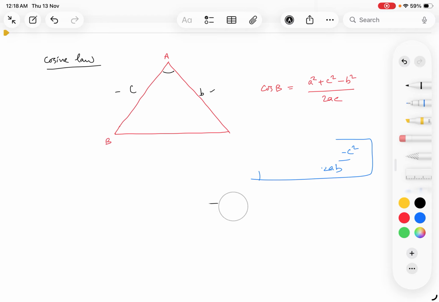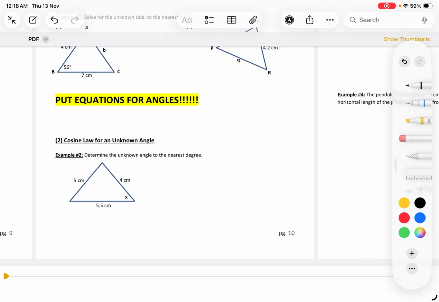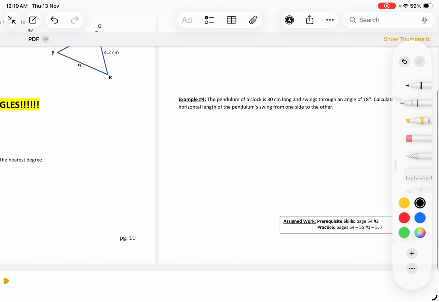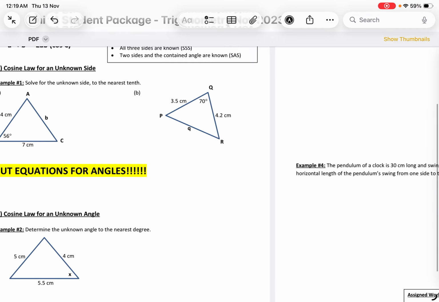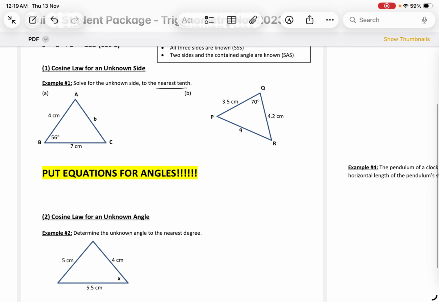Hope you have understood this. Let us start with the questions. Solve for unknown sides to the nearest tenth. Here we need to find b. So using the formula, b square is equal to 4 square plus 7 square minus 2 into 4 into 7 into cos of 56.